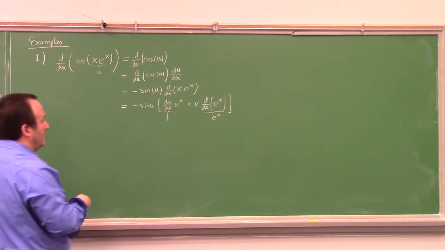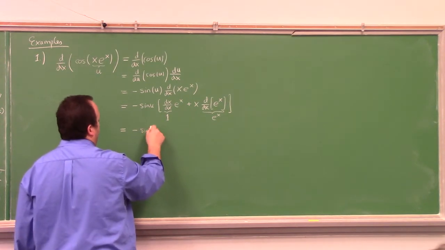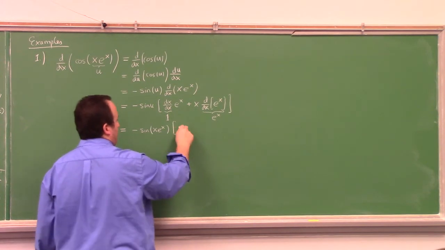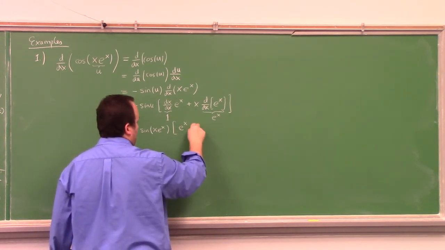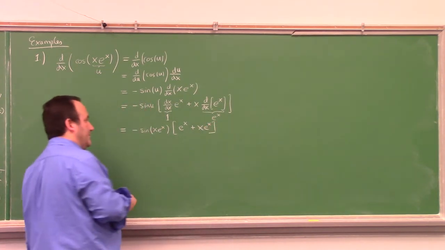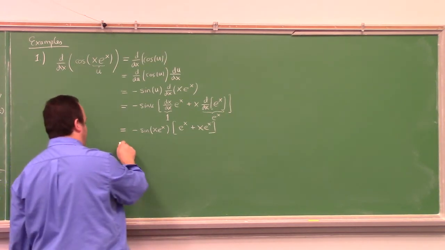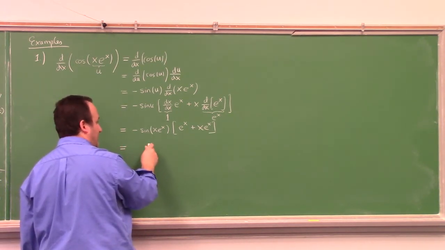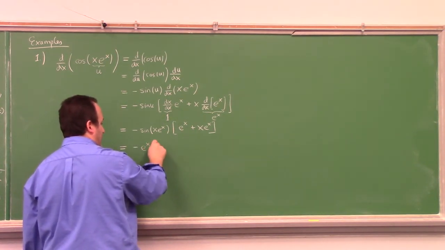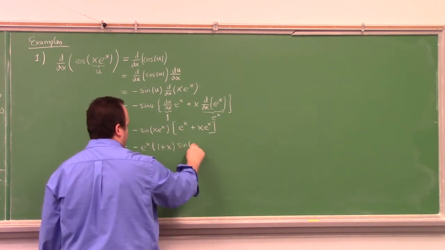So what we've got is minus the sine of x e to the x times the quantity e to the x plus x e to the x. You want me to simplify? All right, you talk me into it. I'll do minus e to the x times 1 plus x times the sine of x e to the x.